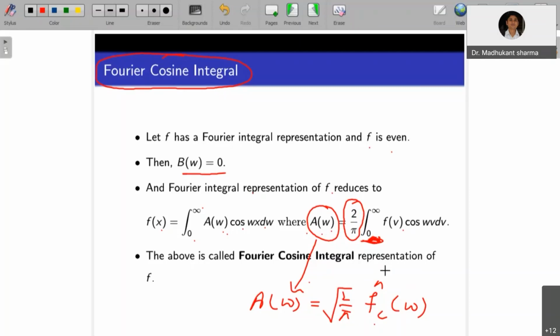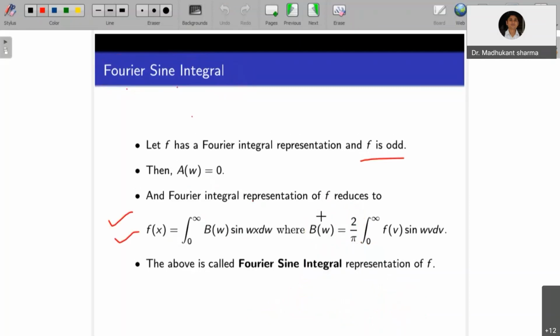Similarly, if you replace b of w by square root of 2 by pi times f cap with suffix s, to represent that it is related to sine, that will give you the Fourier sine transform. Now the inverse will be given from here.